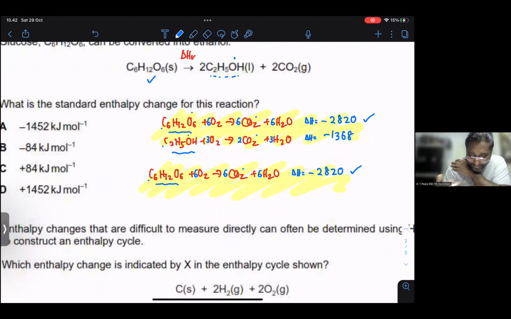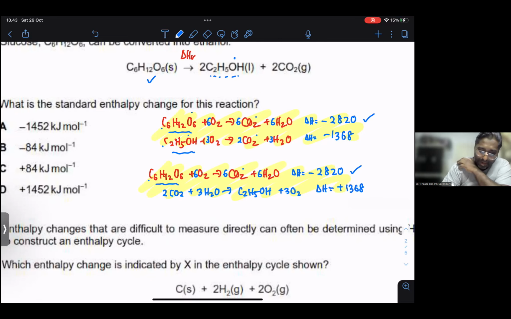So first, let me bring it to the other side: 2CO2 plus 3H2O to give me C2H5OH plus 3O2. This delta H now will become plus 1368.